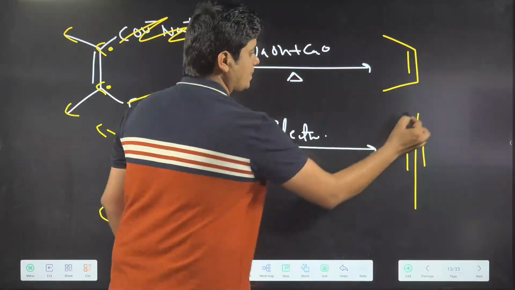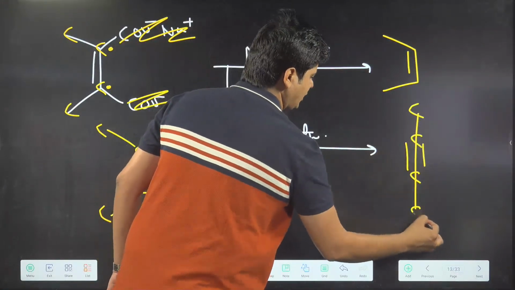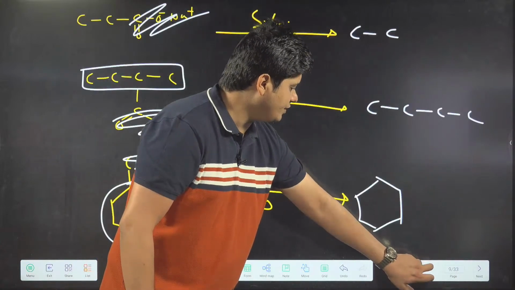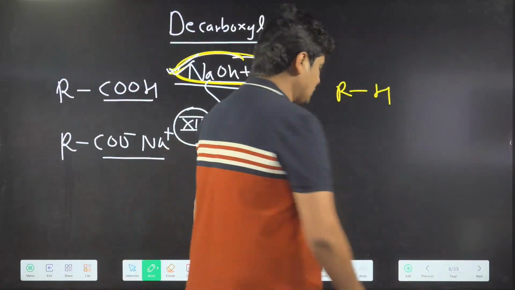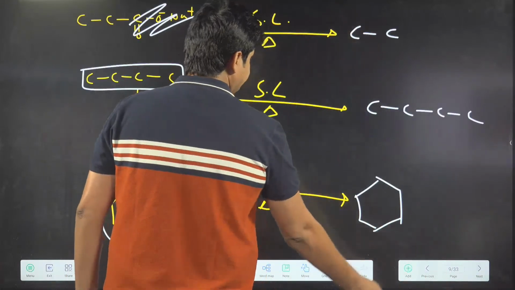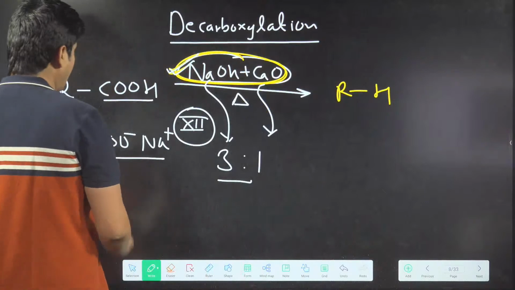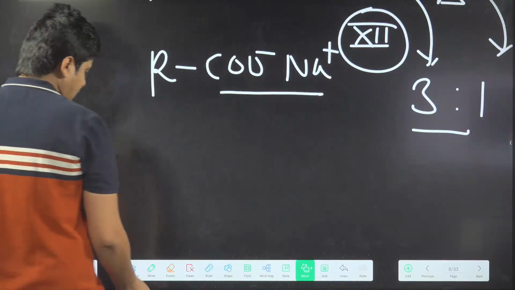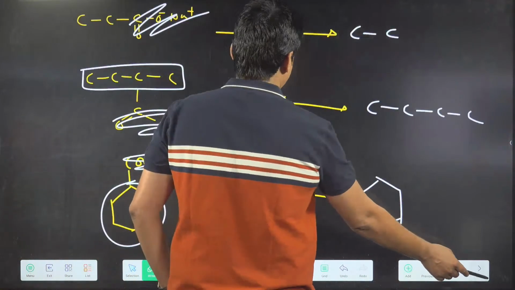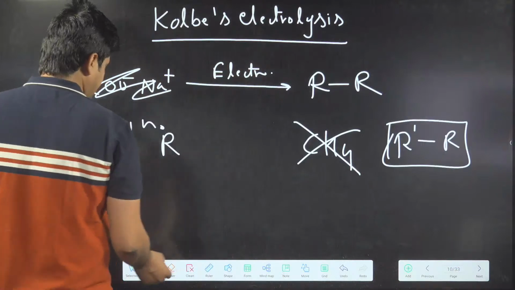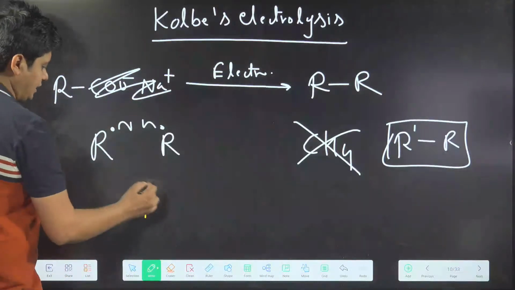Carbon, carbon, carbon. I am not writing hydrogen. So what is the difference there between monocarboxylic acid and dicarboxylic acid? If you have a monocarboxylic acid, for example, this is there. What will happen in case of electrolysis? If it is a monocarboxylic acid, we have one radical, an R radical.